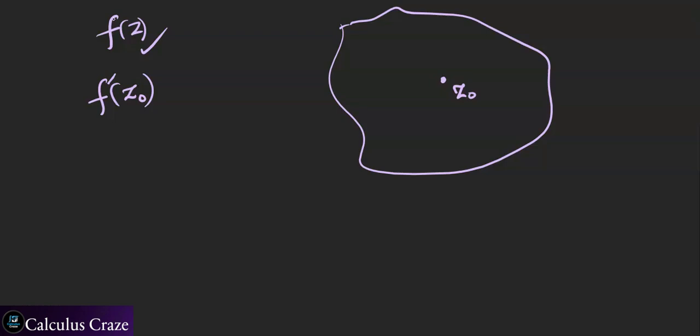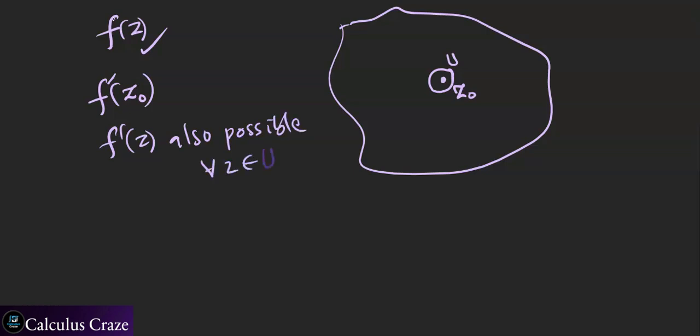Additionally, we should be lucky enough to find a neighborhood over this z naught, let's say an open ball u, such that we can find the derivative for every z in u. So it is differentiable at every z inside the u.